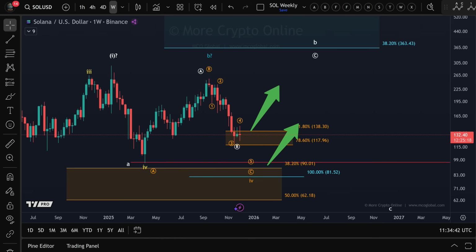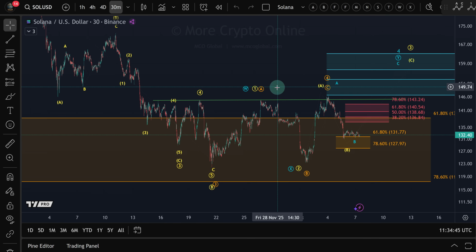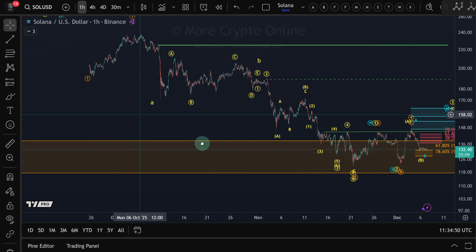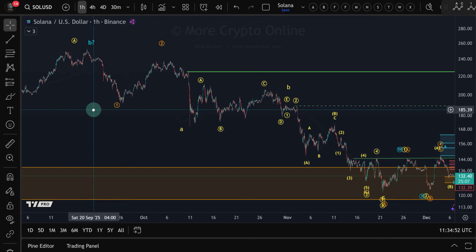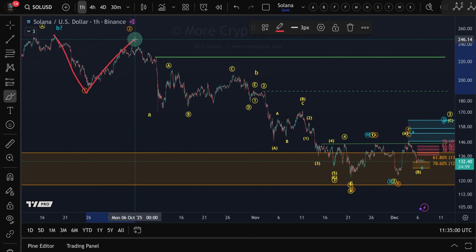Now let's also take a look at the smaller time frame for Sol, because it can really explain the microstructures. We'll go to the 1 hour time frame. You see from the high in September, the market dipped in a wave 1. We had the wave 2.